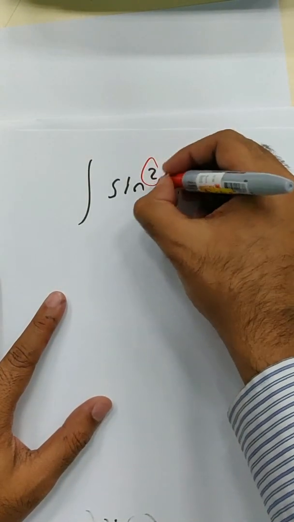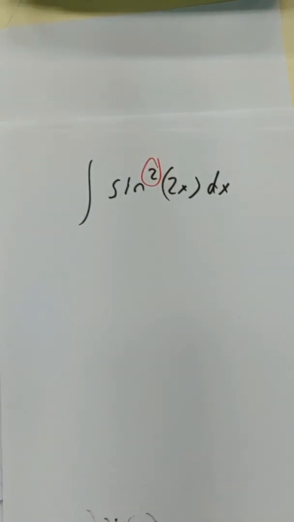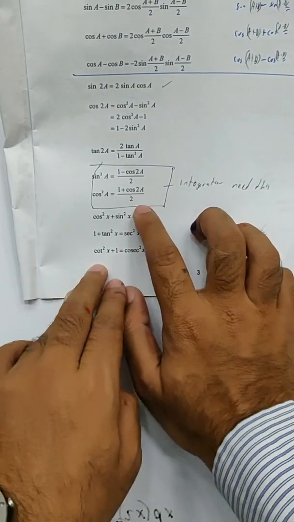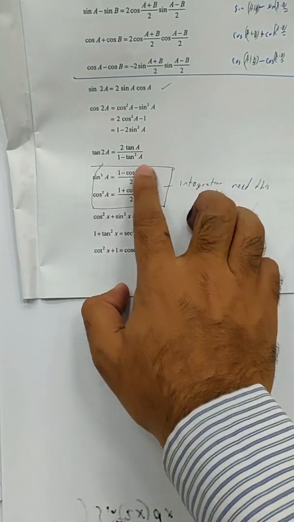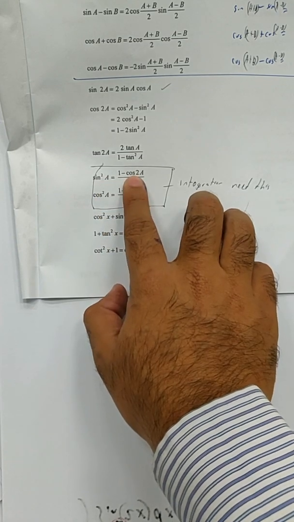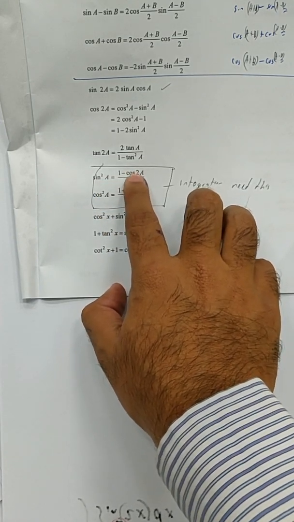Okay, so right now the power is 2. It needs to be power 1. How do we make it into power 1? Boom! You're going to use this one. So for sine squared, you're going to use this power. What power is this? Power 1.